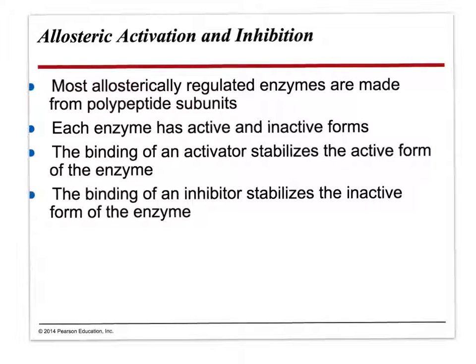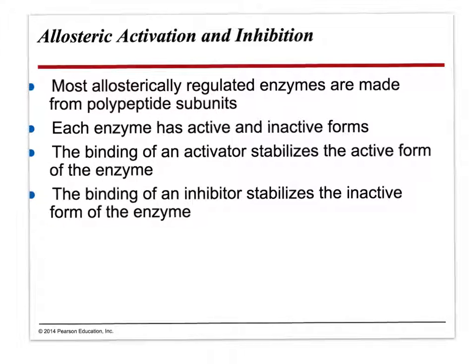These enzymes are made from polypeptide subunits. Each enzyme has active and inactive forms. Lots of enzymes are produced in an inactive form, and then once they are stimulated through allosteric regulation, they can be switched into the active form.